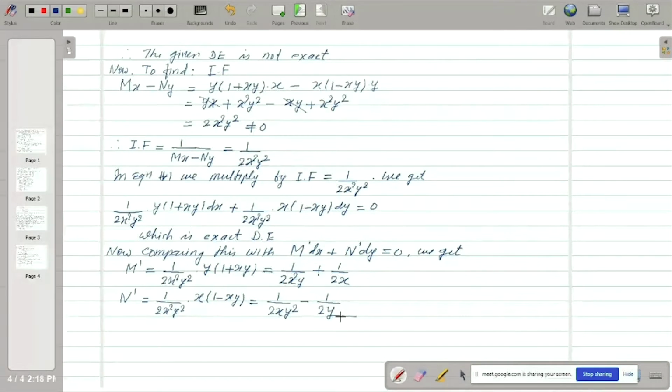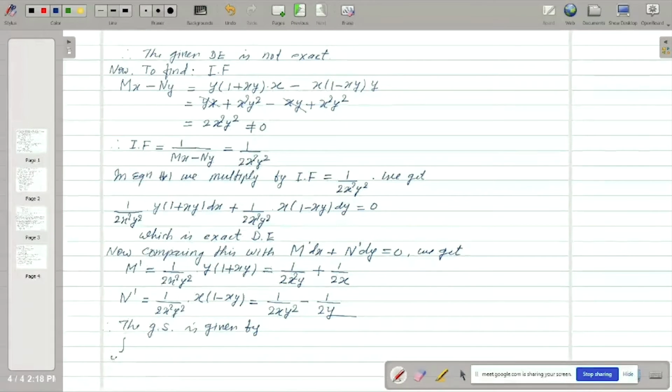Now therefore the general solution is given by, what is the general solution?